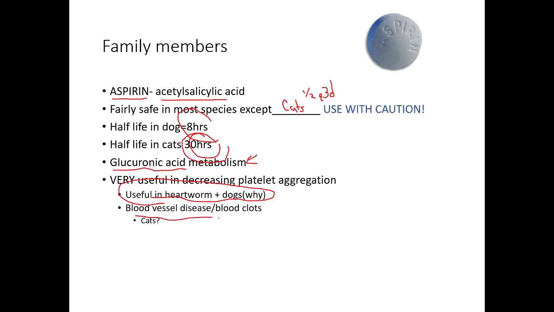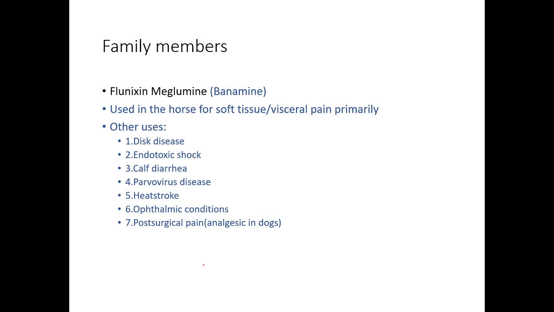We use it with blood vessel disease, and we use it to prevent blood clots in cats with hyperthyroidism or some other disease that causes stasis of the blood flow.